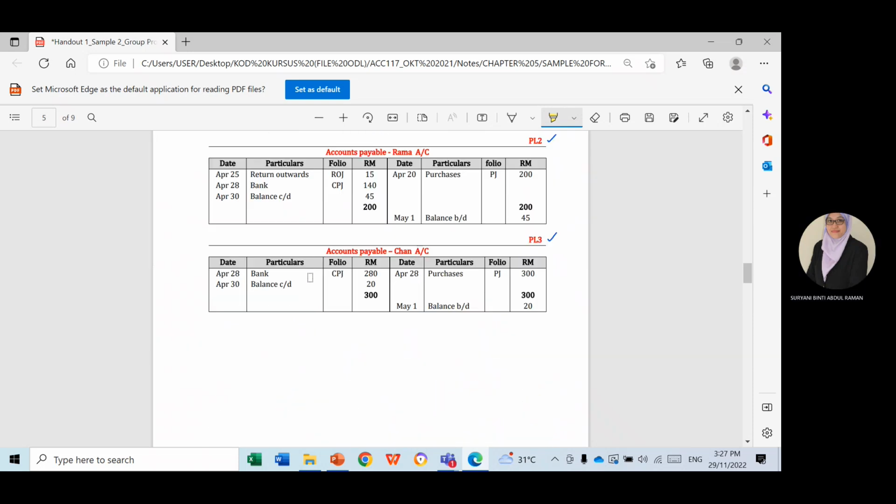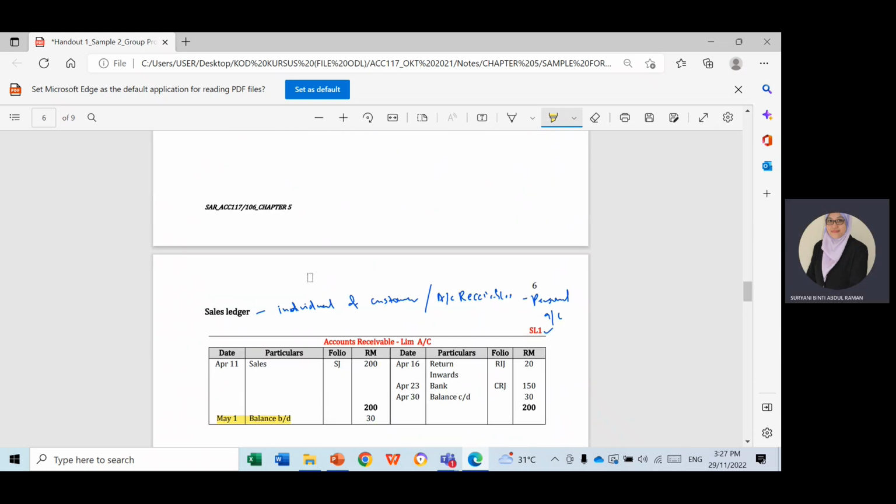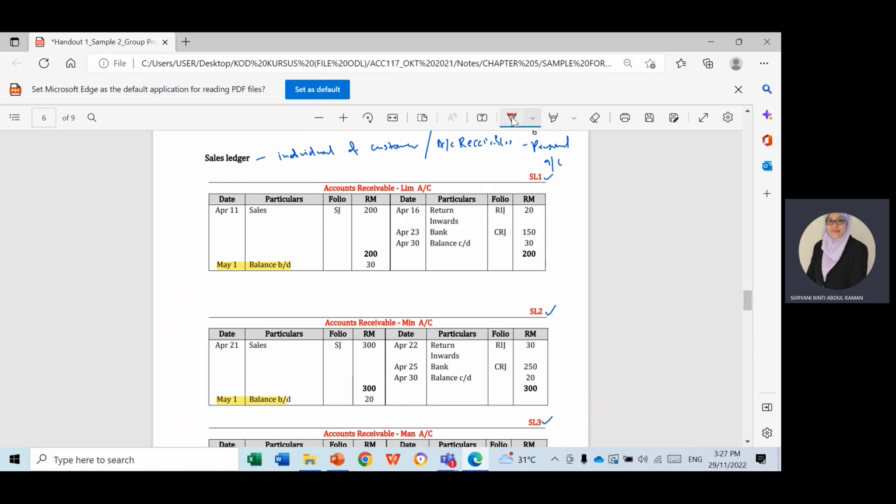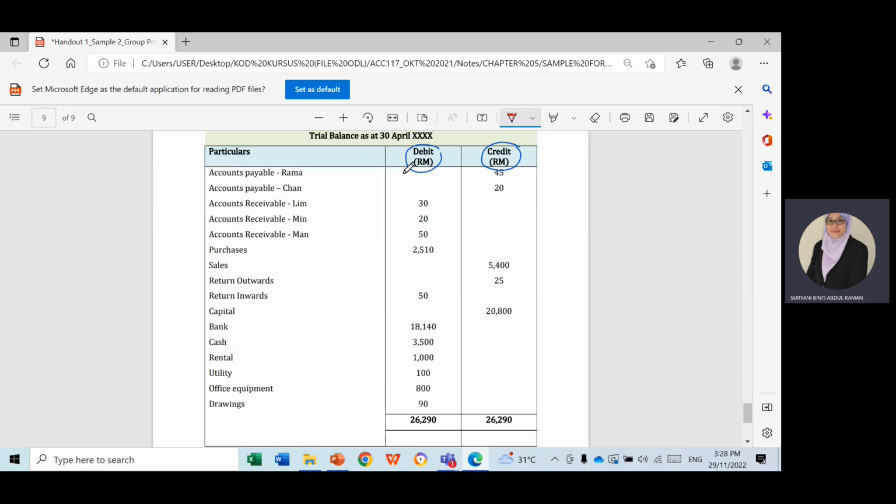All these accounts are called debit balances. These are debit balances and they should be transferred to the trial balance in the debit column. As you can see, in the trial balance, we record all the accounts with debit balances in the debit column.